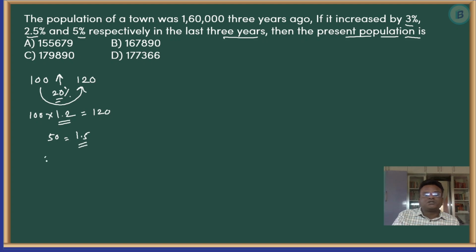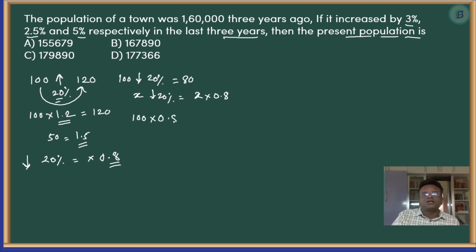If I have to reduce it by 20%, I have to multiply by 0.8. Because if 100 is reduced by 20%, it will become 80. So any value, if I have to reduce by 20%, then I have to multiply that value by 0.8. Because when I multiply 100 into 0.8, I get 80. So one way to solve this problem is using this formula or this method.